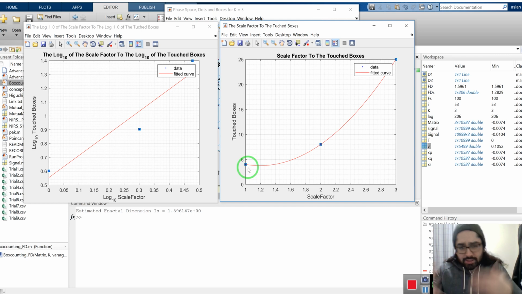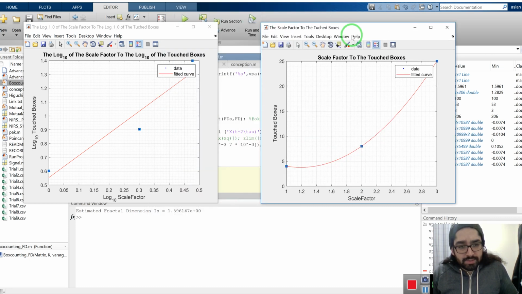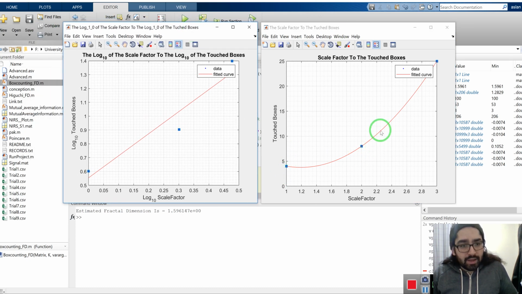I just want to tell you how the fractal dimension works. Okay, here we have some plots for some curves. For the first curve, we have a nonlinear curve that will be shifted to a linear curve, estimated linear lines. The slope of this line is the fractal dimension. But how? Here for the first K, for the first scale factor, we had near 4 touched boxes.